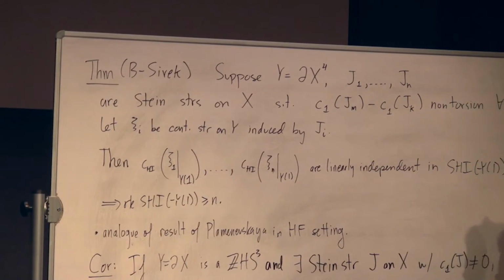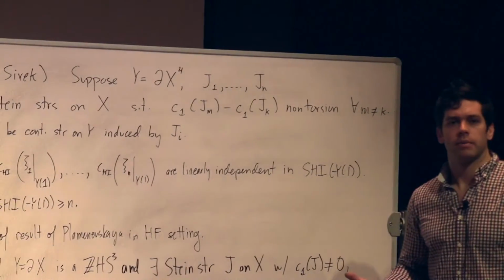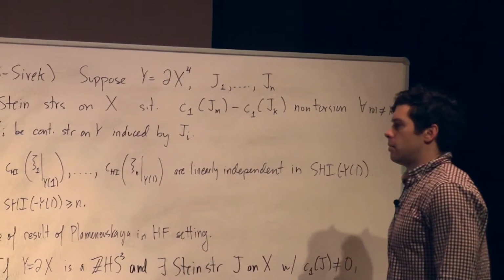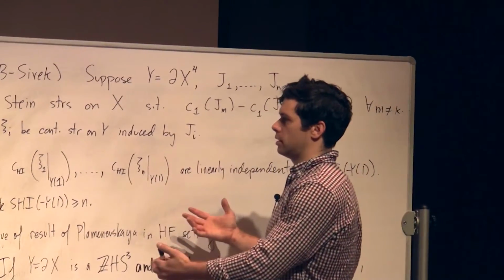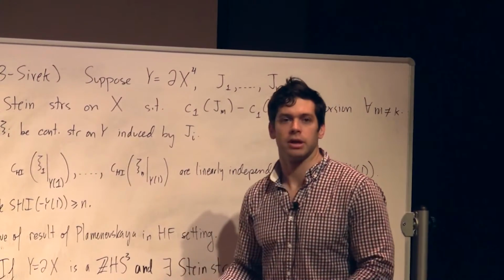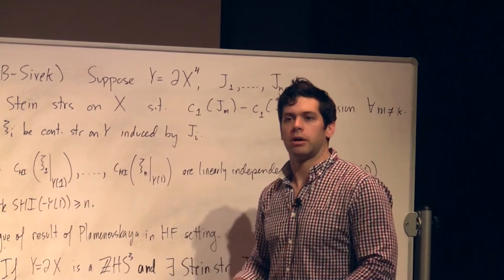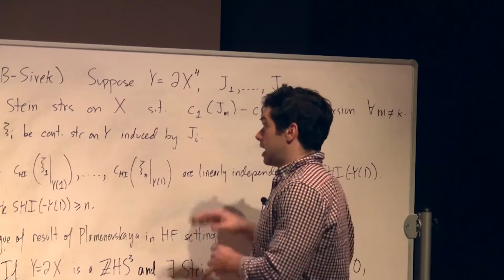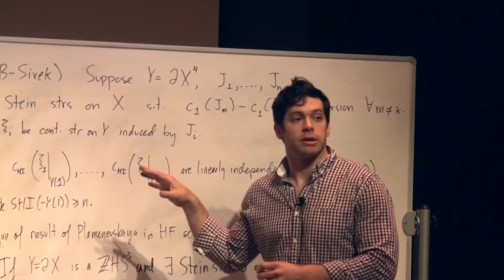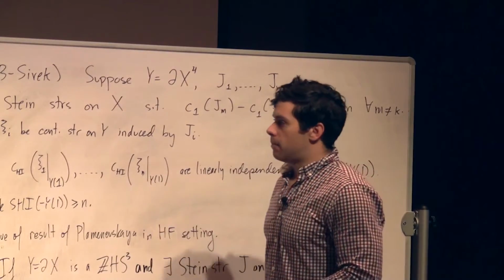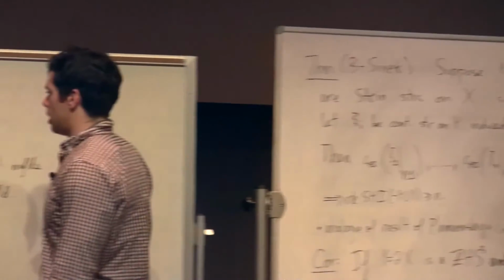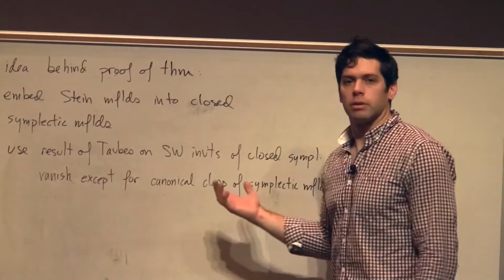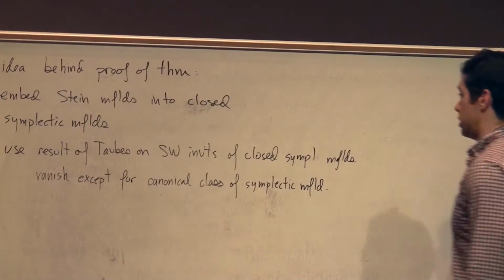And so the sort of closed manifolds you're working with are not really Y. And the Stein filling is not really the Stein filling. So you have to think a bit harder about how to embed the analogous thing into a closed symplectic manifold. And then, of course, you're working in the instanton Floer world, not the Seiberg-Witten world.